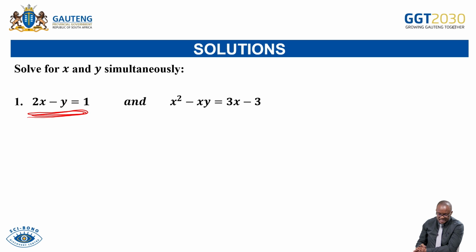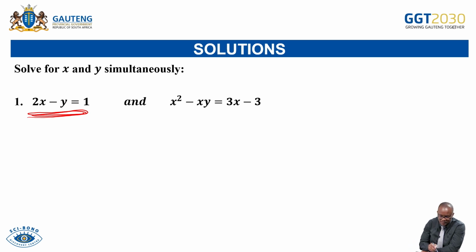So in this case, we are looking at the linear equation and we see, okay, it can only be y that I can make the subject of the formula without stressing out, because remember, most of the learners get confused when they are dealing with fractions.